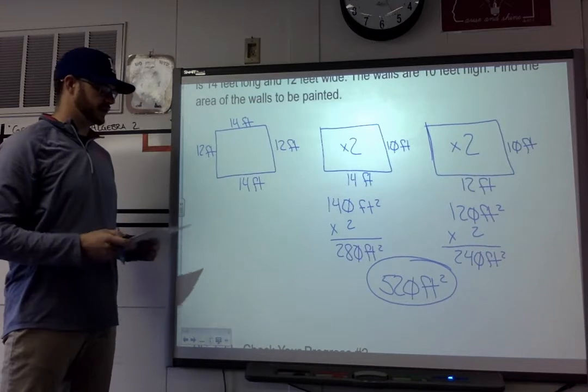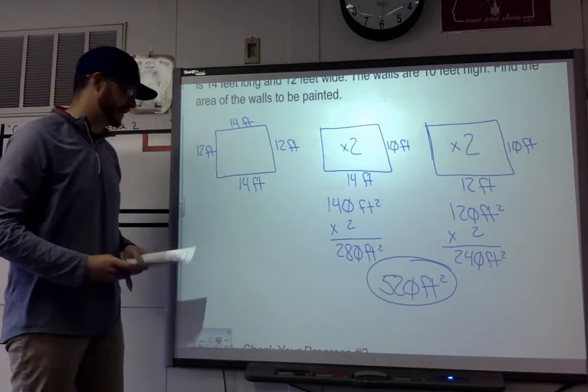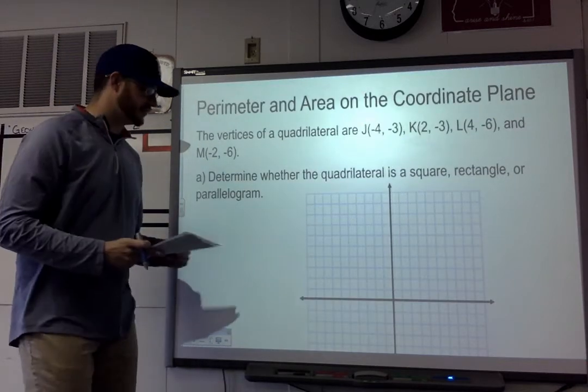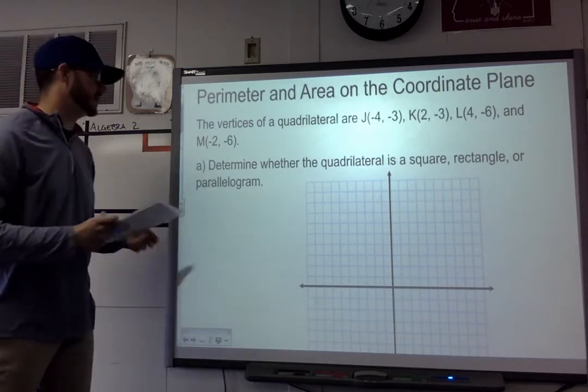So again, just working with parallelograms here, working with rectangles, being able to find the areas. So the last thing for the first lesson here is perimeter and area on the coordinate plane.